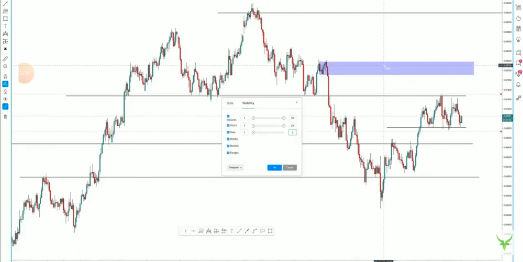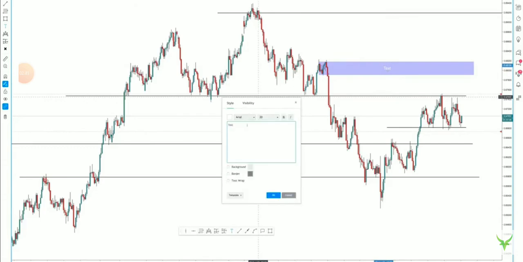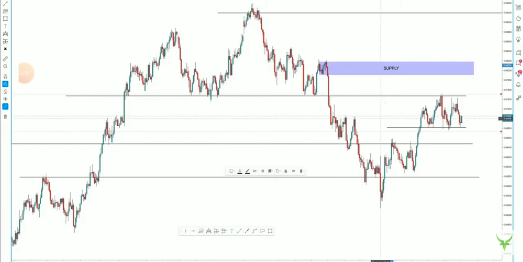Let me just write it down for you, if I can. That's how you mark up your charts. Supply. I can make it black, it's maybe a little bit nicer. So here is obviously a supply area, and if the market dips into this one, you can expect a little bit of a sell-off again.